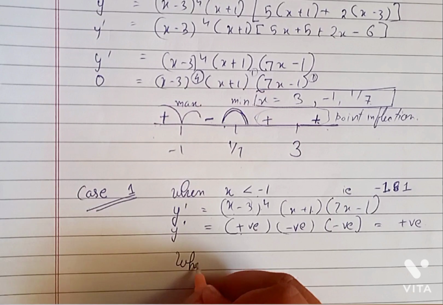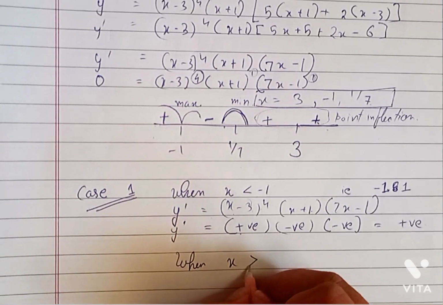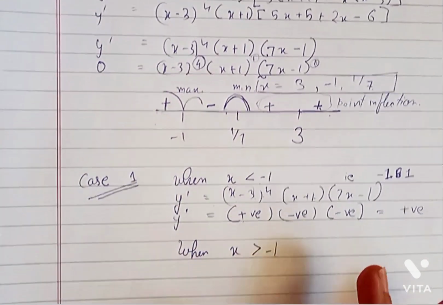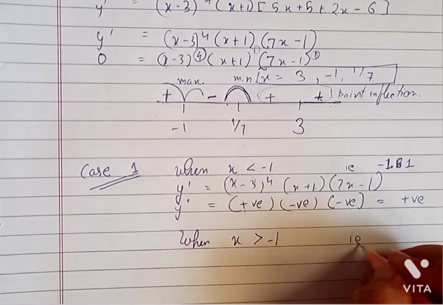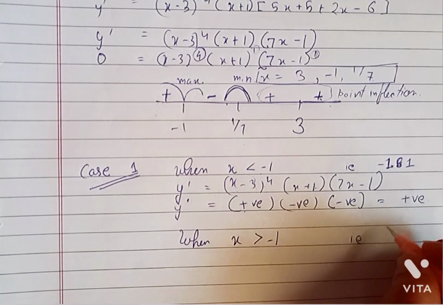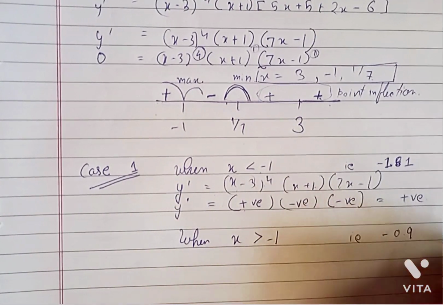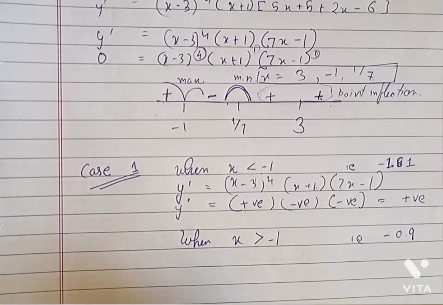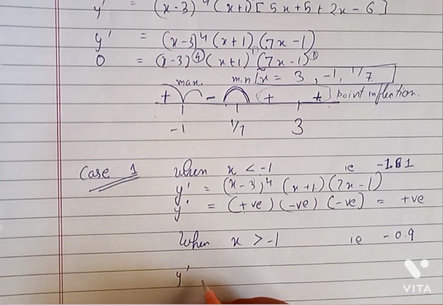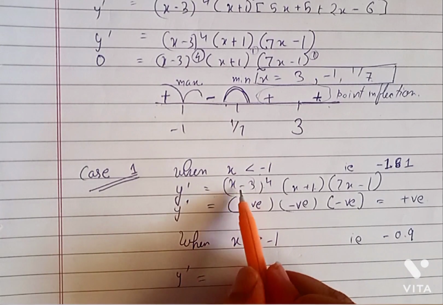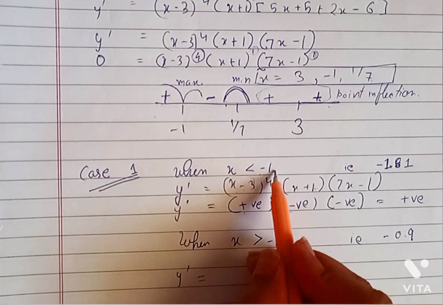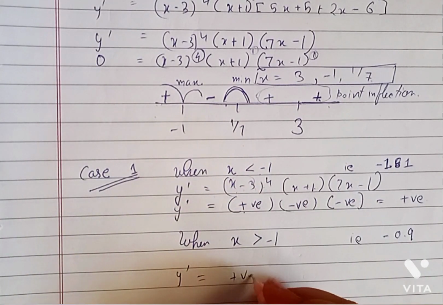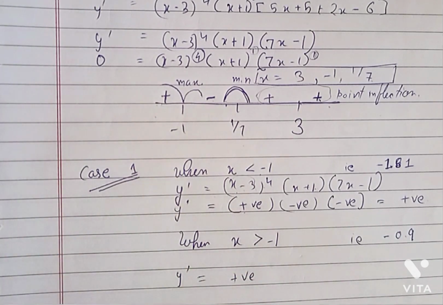Now when x is greater than minus 1, let's suppose x is minus 0.9. When we put this in y dash, this won't get changed. Why? It's an even power, so it would be positive every time, whether the base is positive or negative.